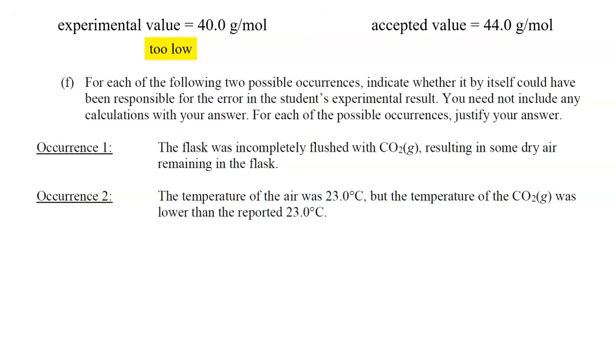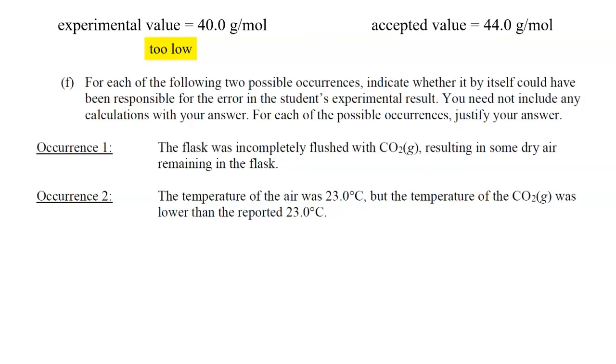In part F, we are given two different occurrences, occurrence 1 and occurrence 2. For each of the following two possible occurrences, indicate whether it, by itself, could have been responsible for the error in the student's experimental result. So what exactly is the error? Well, the error is that the calculated value for the molar mass of this gas is less than the accepted value.